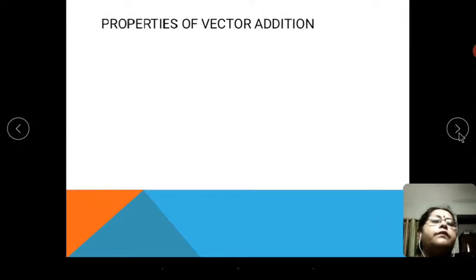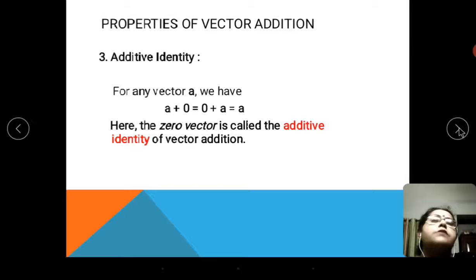Let us go over to the third law. This is the additive identity. See that if we add the null vector, the 0 vector, to any vector A, we will get the same vector A. Why? We remember that 0 vector means its length is 0.